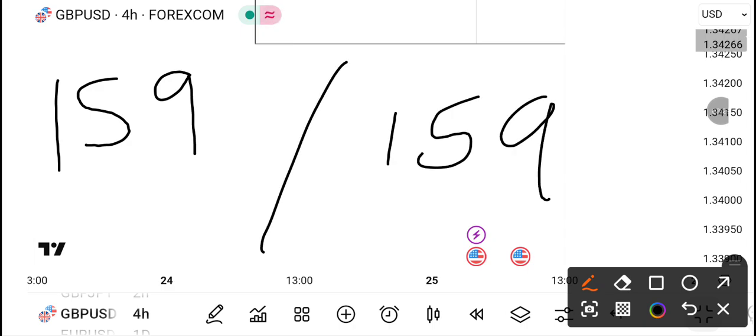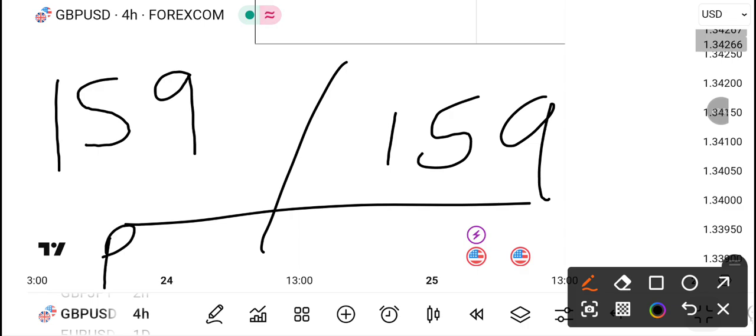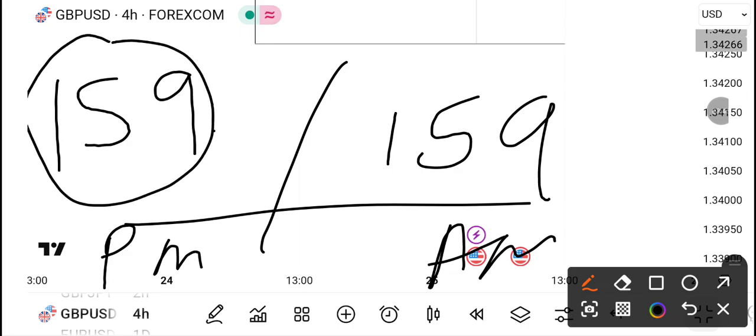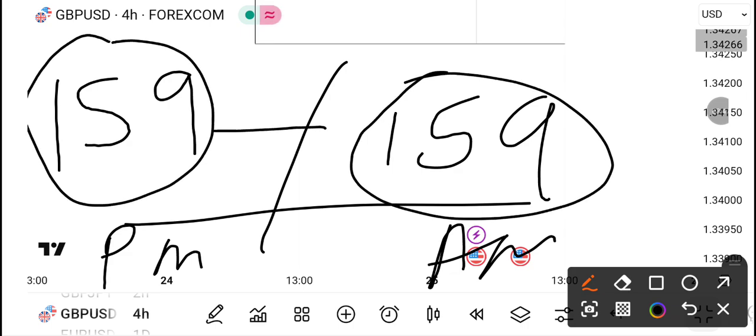They are all the same but different sections. We have the PM section and also the AM section. That's what you need to understand. The PM section, the AM section, right? 159 the PM section, and also correlated with 159 the AM section.